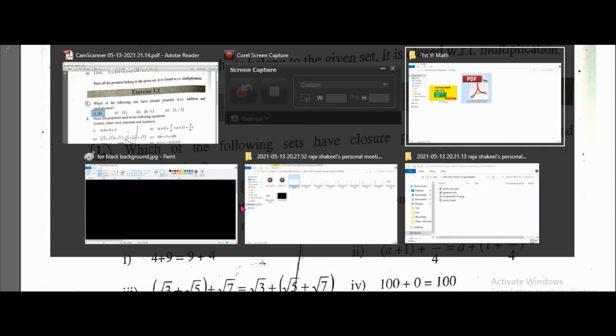We'll be looking into the first part of exercise 1.1, question 1, part 1.